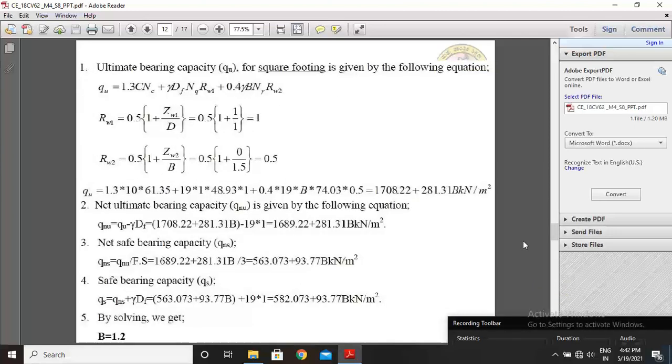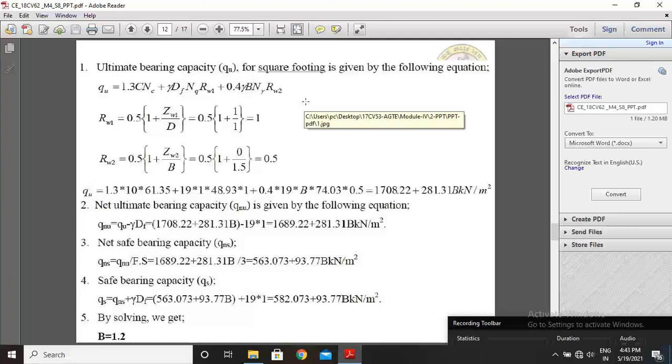After plotting the foundation details diagram, now you follow the procedure. Ultimate bearing capacity for square footing is given by the following equation. For square footing, Q equal to 1.3 times C NC plus gamma dF NQ into RW1 plus 0.4 times gamma B N gamma RW2. In these equations, you calculate water reduction factors.